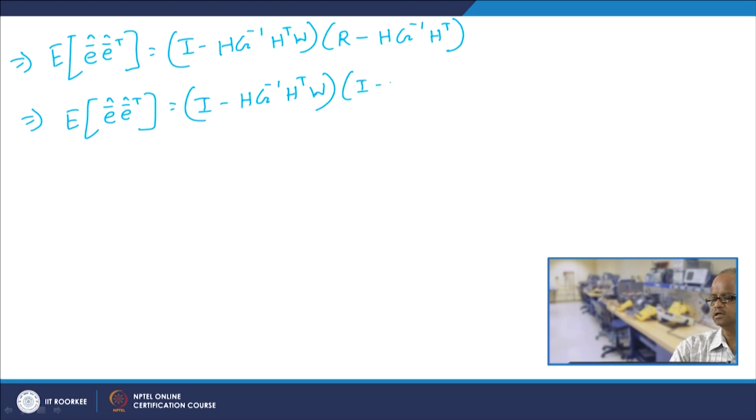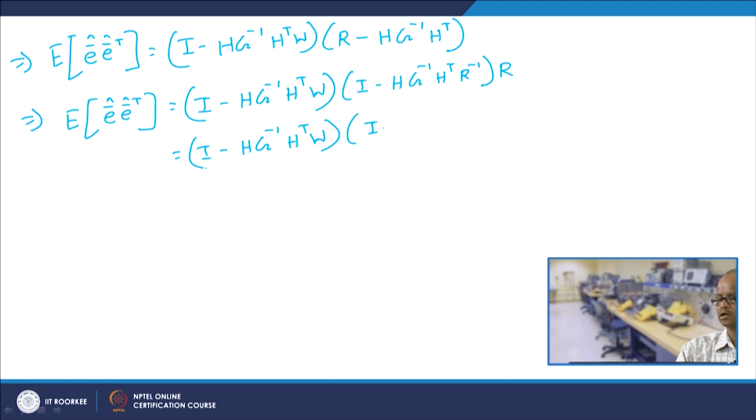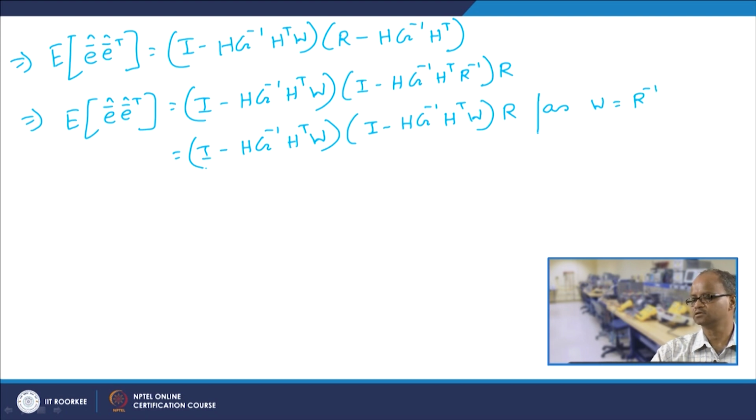So, I minus H G inverse H transpose R inverse into R. So, then therefore, it is I minus H G inverse H transpose W into I minus H G inverse H transpose W into R, as we have just now proved that W is equal to R inverse.